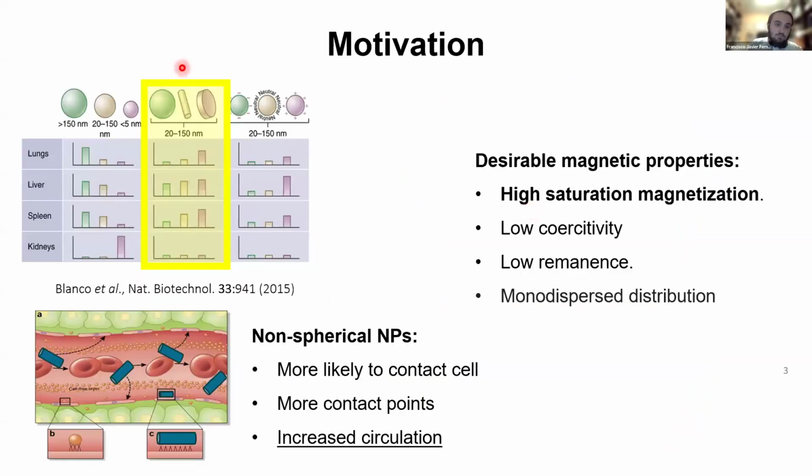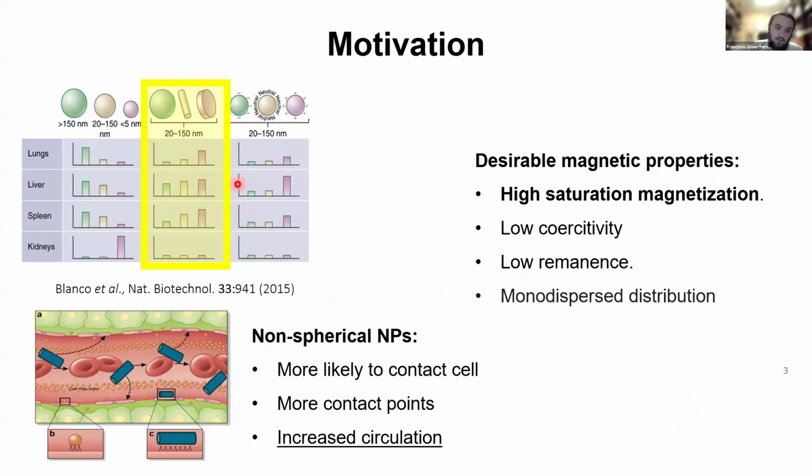It's been reported in previous works that by modifying the size and the shape of nanoparticles, we can modify the biodistribution of the nanoparticles among the different organs of the body. So it's interesting to be able to control these parameters, the size and the shape of the nanoparticles.